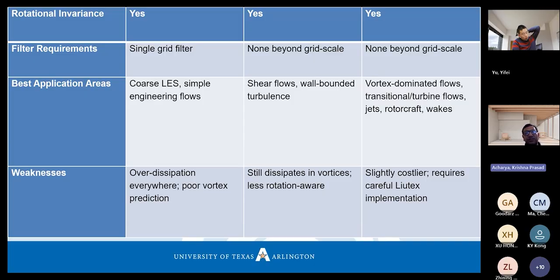Best application areas: Smagorinsky, coarse simple engineering flows; Vreman, shear flows and wall-bounded turbulence; and modified, vortex-dominated flows, transitional turbine flows, jets, rotorcraft, etc. The weakness: Smagorinsky, over-dissipation everywhere, poor vortex prediction; Vreman, still dissipates in vortices, less rotation aware; and modified Vreman, slightly costlier, requires careful Liutex implementation.